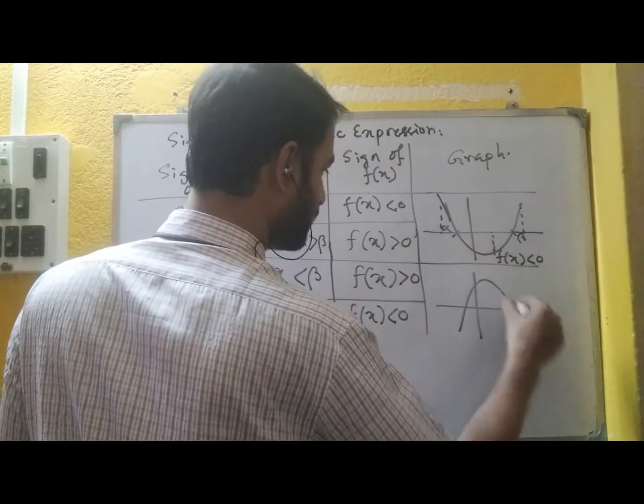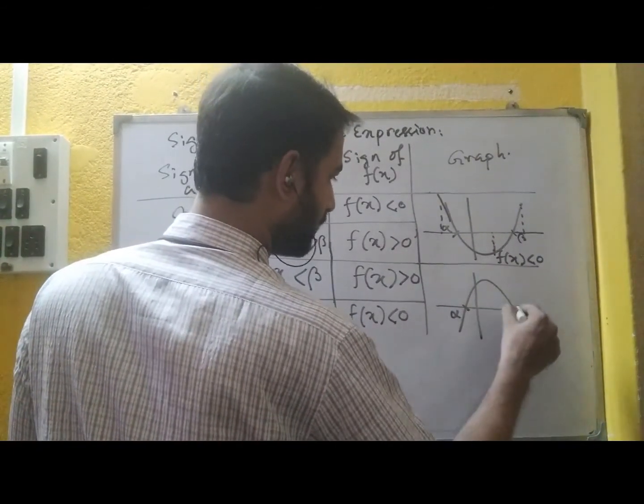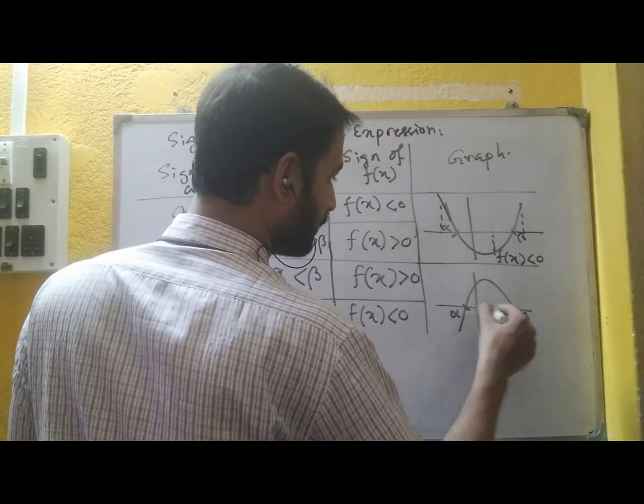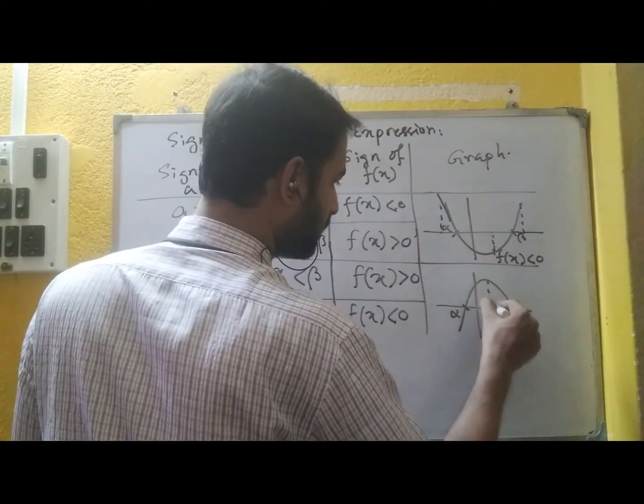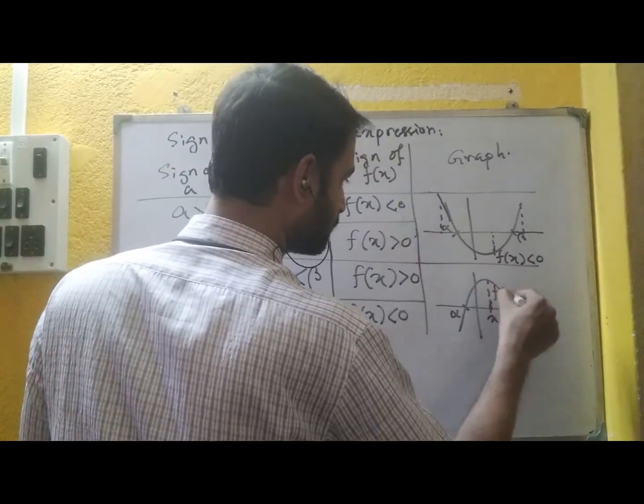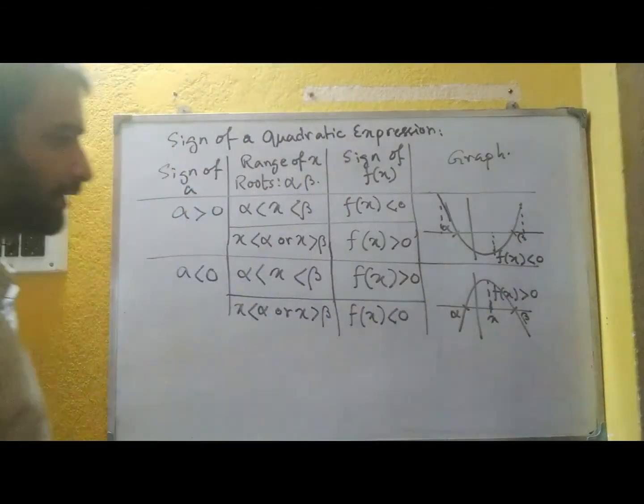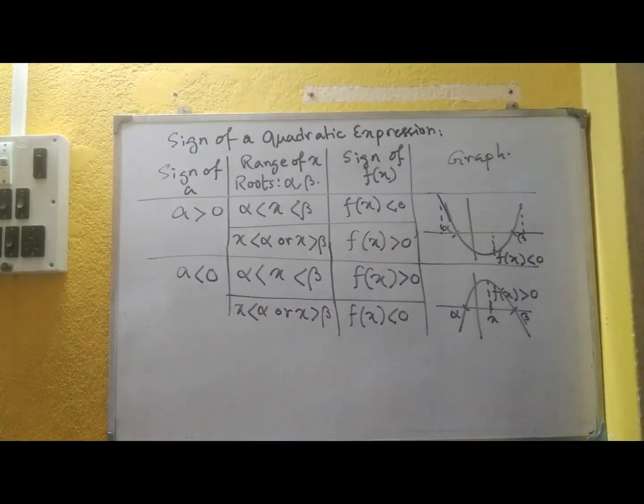And here the graph is like this. So you take this point as alpha, this point as beta. So in between alpha and beta, you are getting some positive value, and outside alpha and beta, you can see the graph is in the negative part, so it is having some negative value.